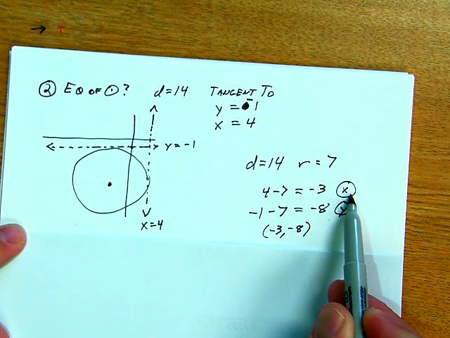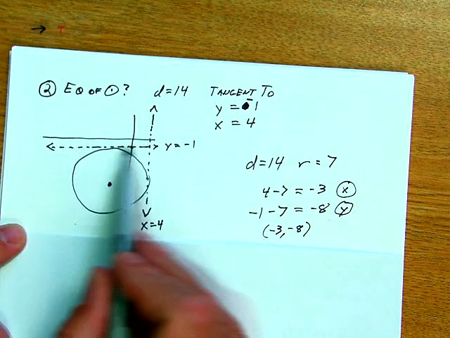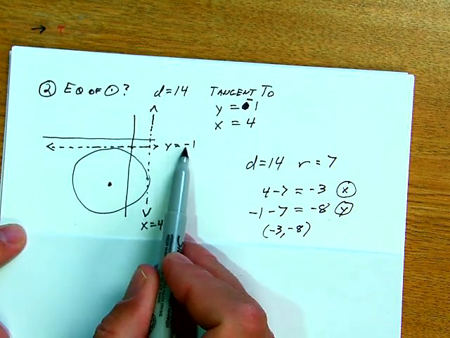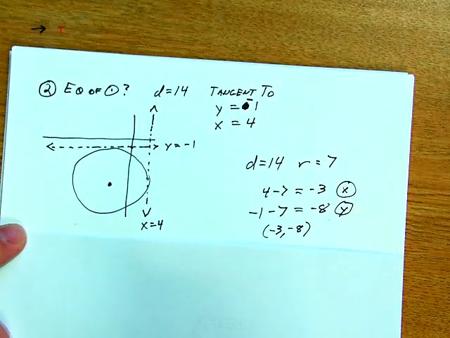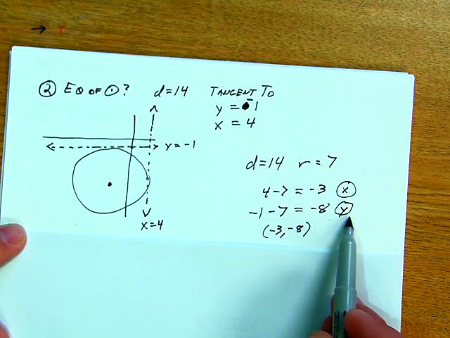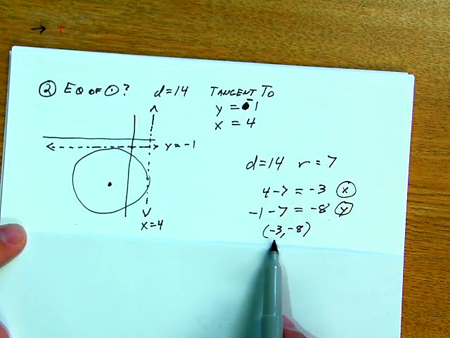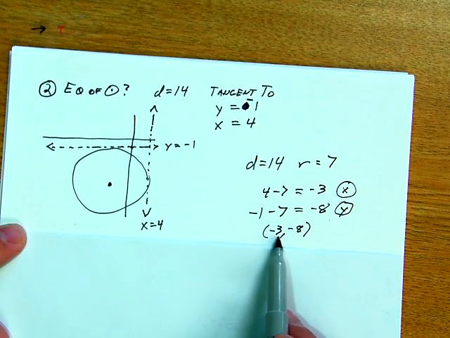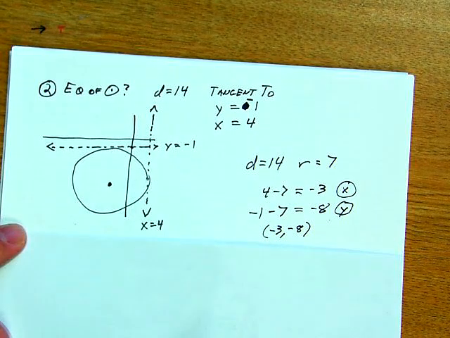That tells me the x value of my center point is negative 3. So let's do the same thing with y. The top of my circle, the tangent line, is negative 1. So I've got to move down 7. So minus 1 minus 7 is minus 8. So the y value of my center point is minus 8. So there is my center point, negative 3, negative 8. And I drew it right there and half drew the circle there.